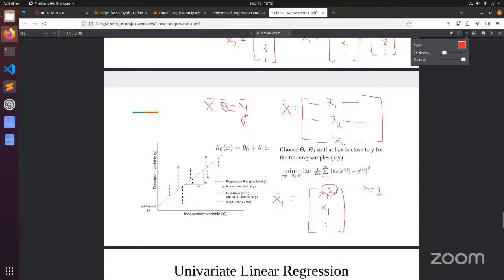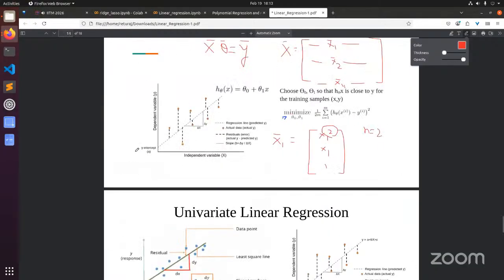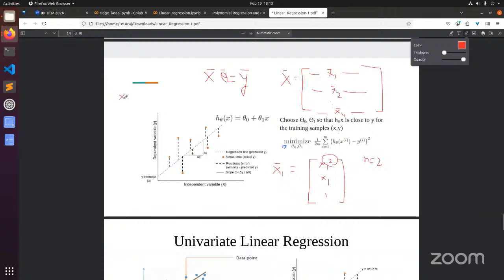There is no such restriction. Why did we assume a second order? Why not assume a fourth order? You can go ahead and assume a 4th-degree polynomial. In that case, your x1 bar will become x to the power 4, x to the power 3, x square, x and 1.